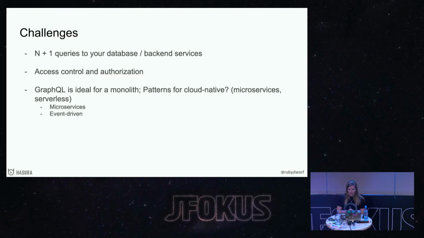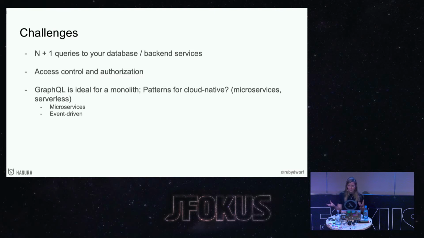And finally, when the people at Facebook created GraphQL, they meant this to be used for a monolith. So very large applications, where all the types are in one place and can be used. And relationships can be created, everything is in one place. But a lot of architectures now move towards cloud native, which means by default more use of microservices, and it's serverless.